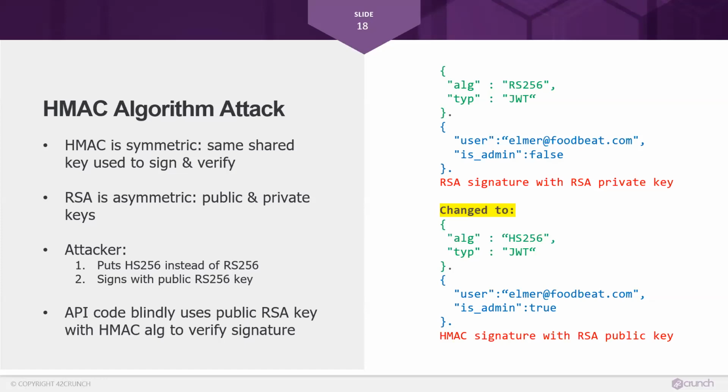The attacker is going to just take that, change the body, so from user Elmer Fudd to Elmer Fudd and is-admin true, and sign it using the HMAC algorithm, so a symmetric algorithm mechanism, but using the value of the RSA public key as the symmetric key.